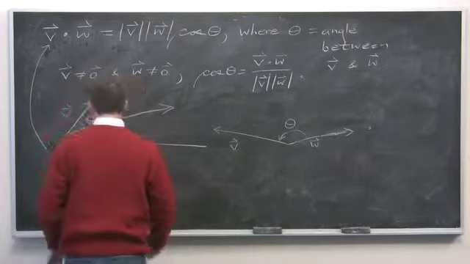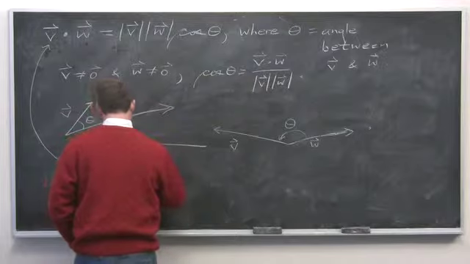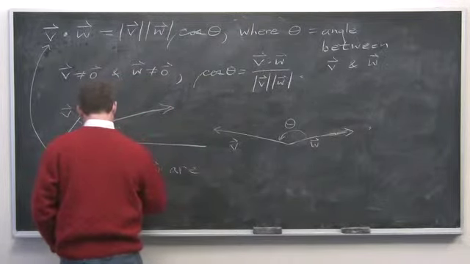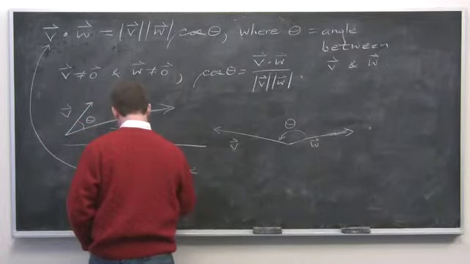And so this line, I claim, tells us that v and w are perpendicular to each other if and only if the dot product is 0.